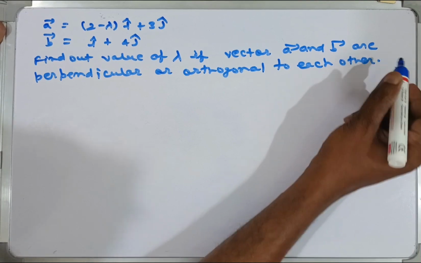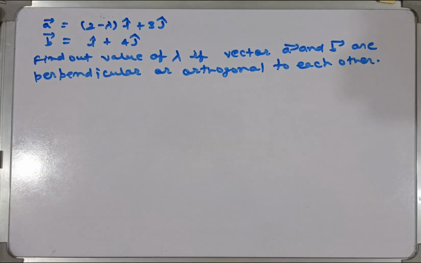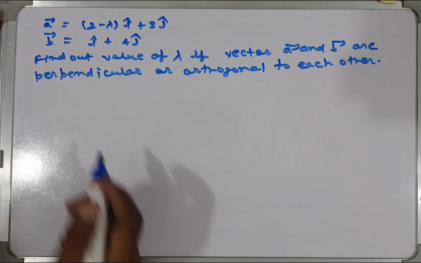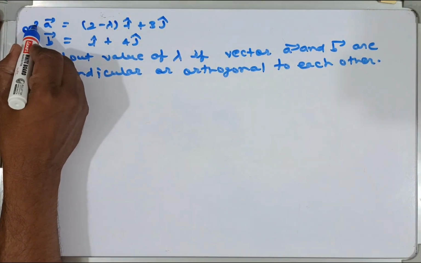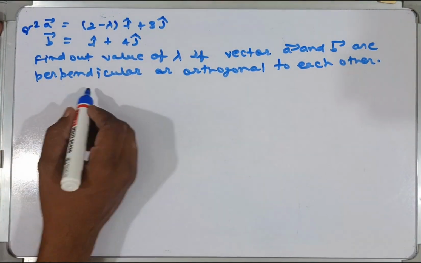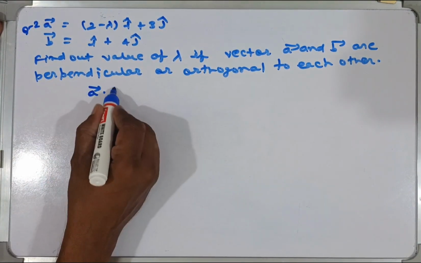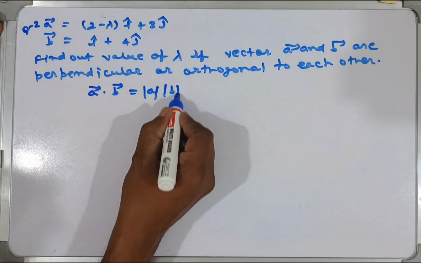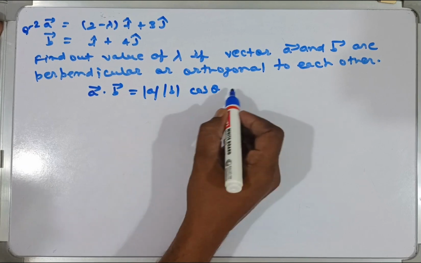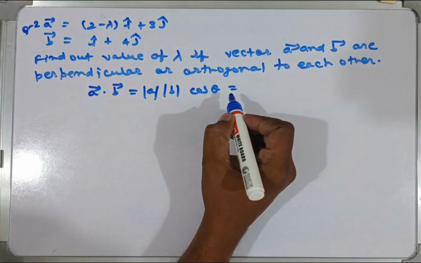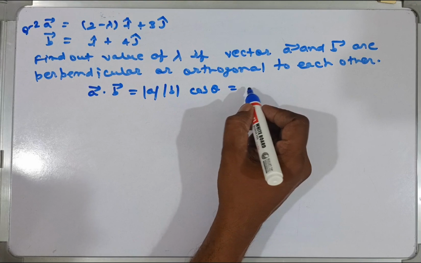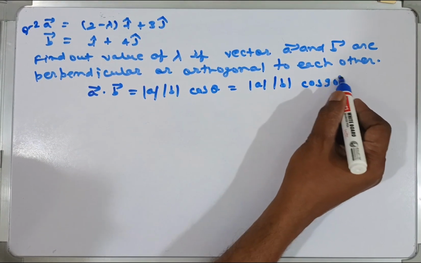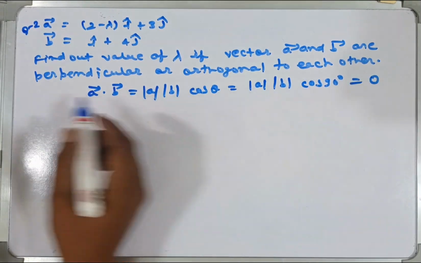Orthogonal or perpendicular mean the same thing, it is making an angle of 90 degree. So we can write A dot B equal to magnitude of A, magnitude of B, and cos theta, so magnitude of A, B, cos of 90 degree, and this becomes 0.